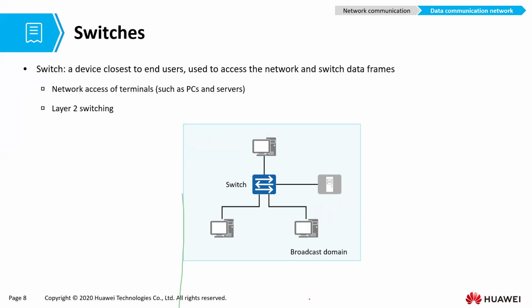If I have a switch with multiple devices connected, 1, 2, 3, information can be sent from a PC to another PC, and the switch acts as a distributor. It receives and sends it to the right destination with respect to layer 2 information, which you will soon learn are called MAC addresses. So the distributor in a local area network is called a switch.